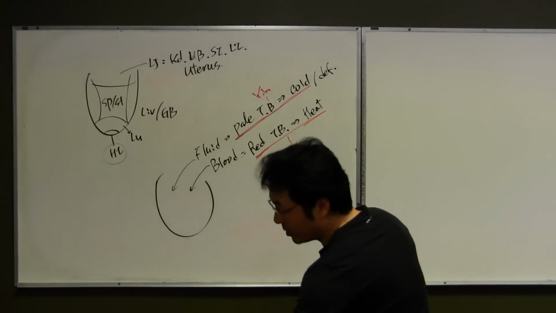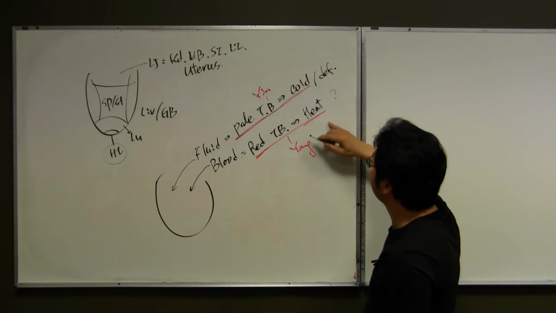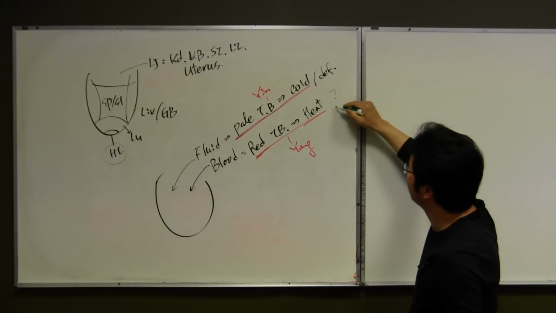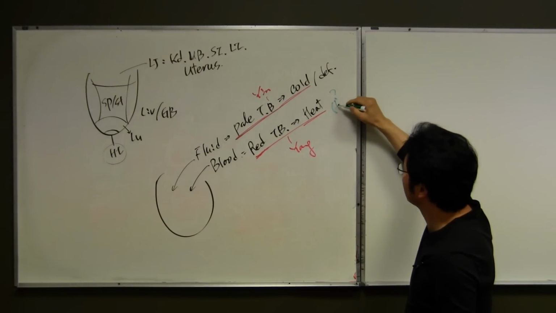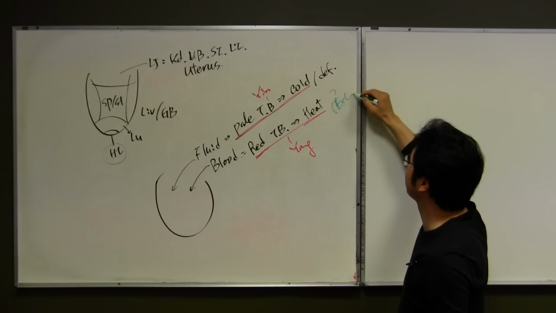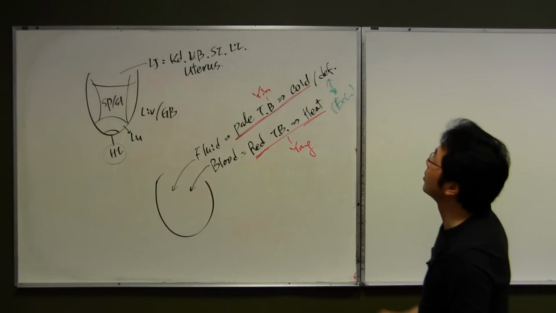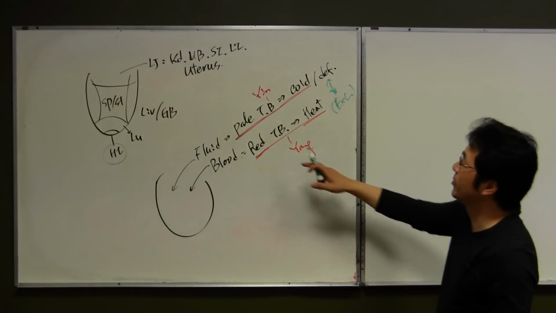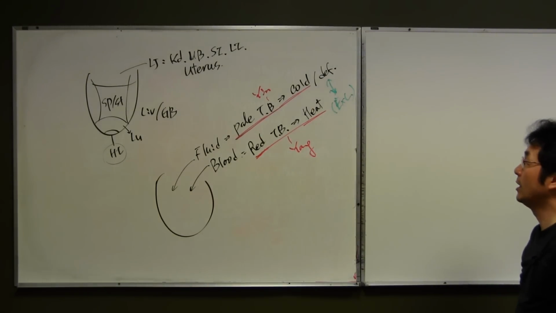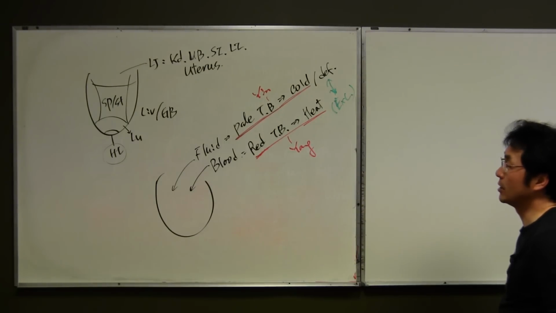So we can think about it this way: for the red tongue, most of the books don't use excess here, but it should be excess mostly in this part, because deficiency usually appears from the pale tongue mostly, and excess usually from the red tongue body mostly.